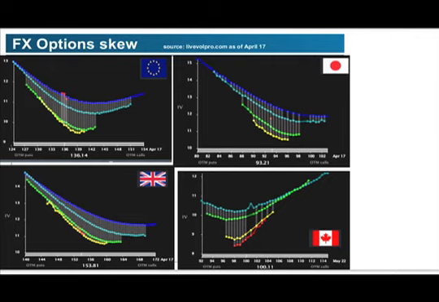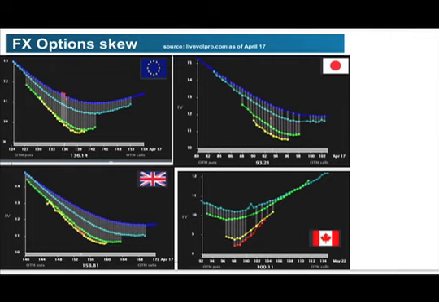So if you look at it in April, I'll go through one by one. The euro, what it was expecting there in April was if the euro weakened, it would weaken in a volatile way, and that's exactly what happened, actually. The yen really didn't do much at all, and that's the second pane, or the second chart.